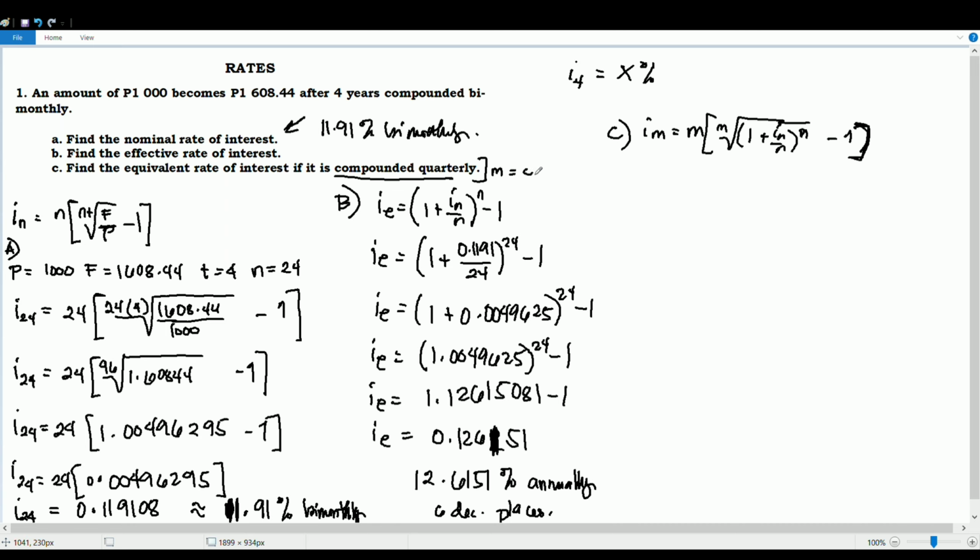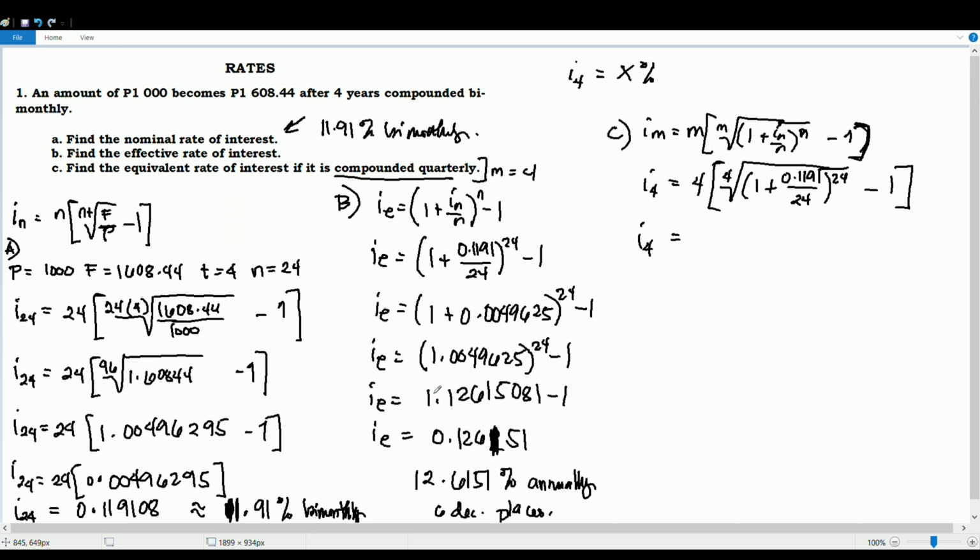That is, m is equal to 4. Therefore, we have I subscript 4 equal to 4 times the 4th root of 1 plus our I subscript n, 0.1191 over 24, raised to 24, minus 1. Now, we already have an answer for this quantity raised to the power of 24.